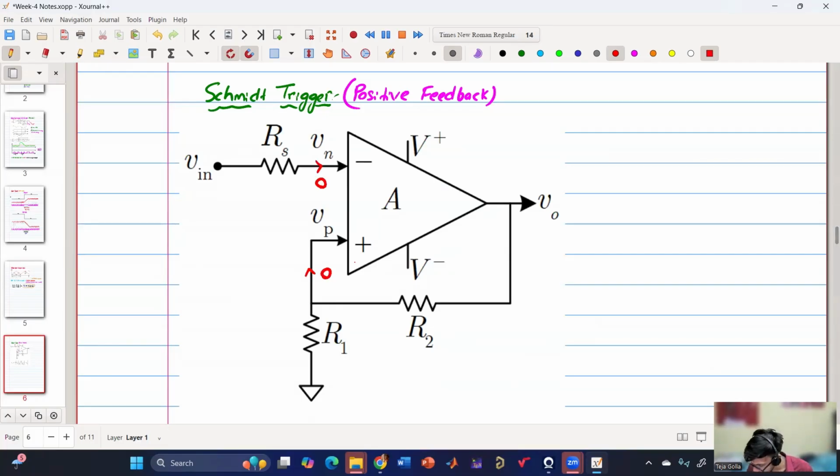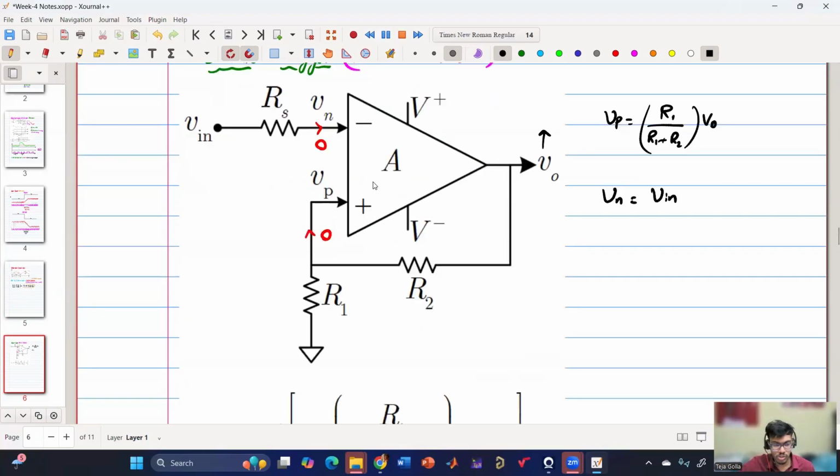So now I can get Vp. Vp is nothing but R1 by R1 plus R2 into V0, right? V0 can be either VH or VL. So V0, Vp. And then Vn is Vin.